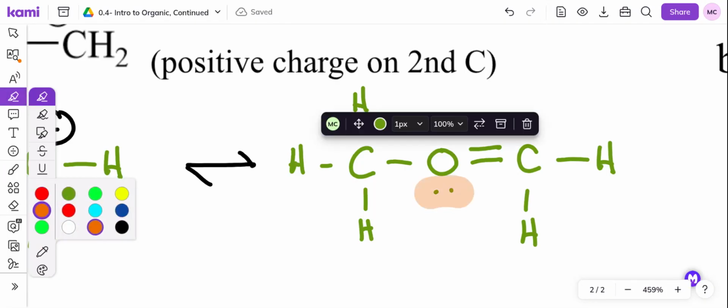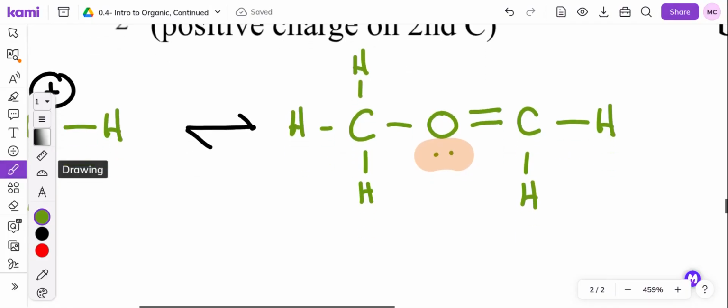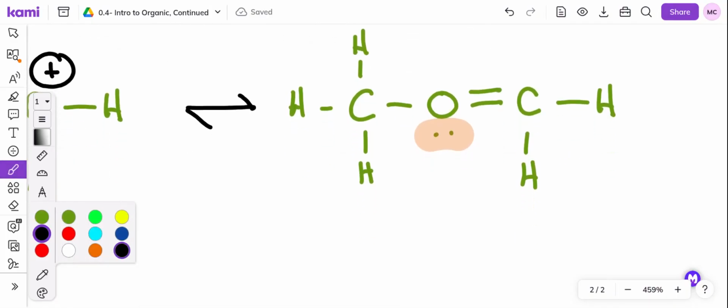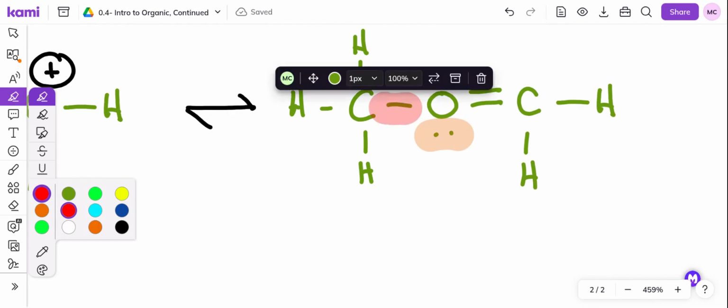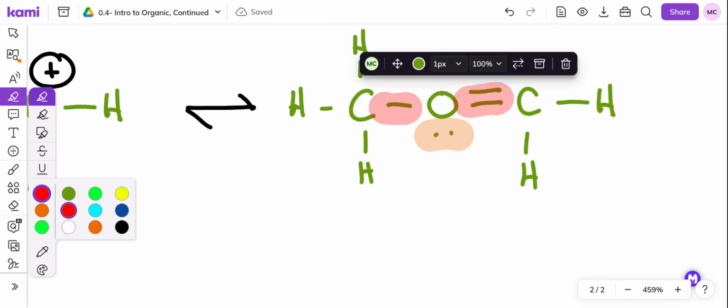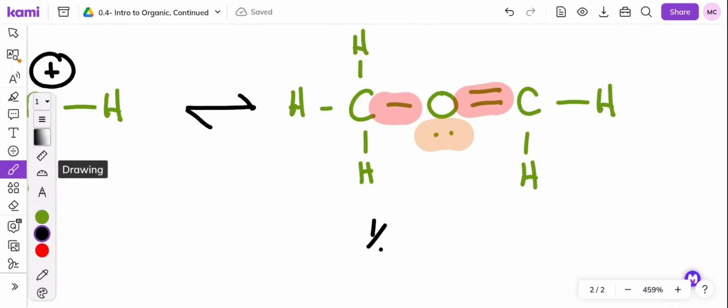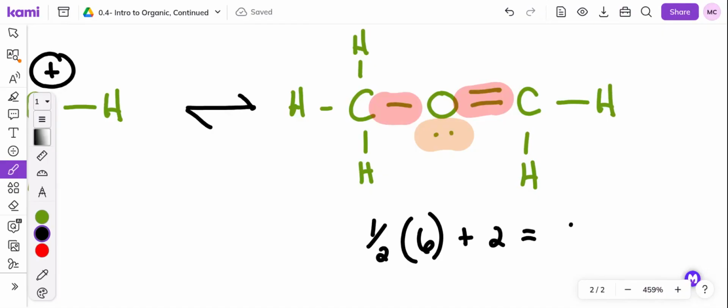So if I were to do a formal charge calculation for the oxygen, again, we want to look at how many shared pairs we have. Shared electrons. I got to remember to say that. So we've got 2 plus 4 more. So 1/2 of 6 plus there are 2 lone electrons here. So that gives me a grand total of 5.